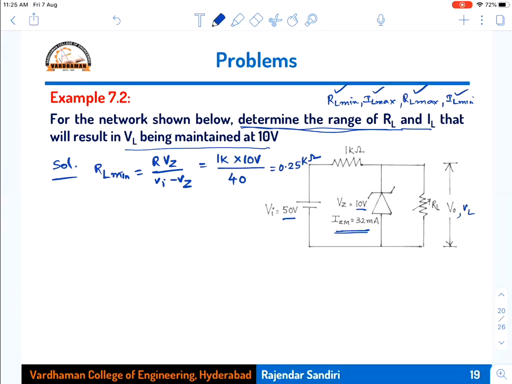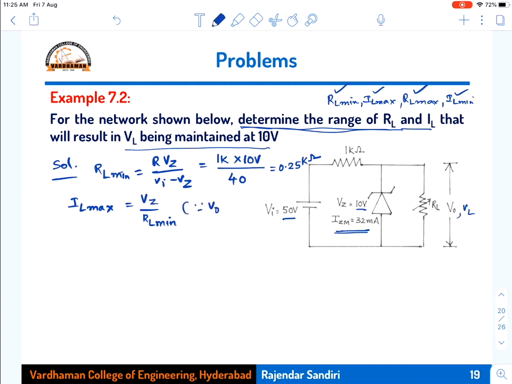Then for this RL minimum, we have to calculate IL maximum. For the minimum value of the resistance, the current will be maximum. So IL maximum is equal to VZ divided by RL minimum. Actually it is V naught divided by RL minimum, but V naught and VZ are the same, as I told. So I am taking VZ simply.